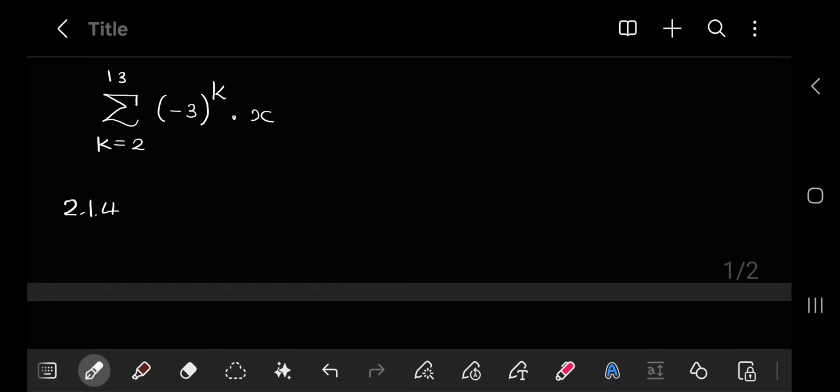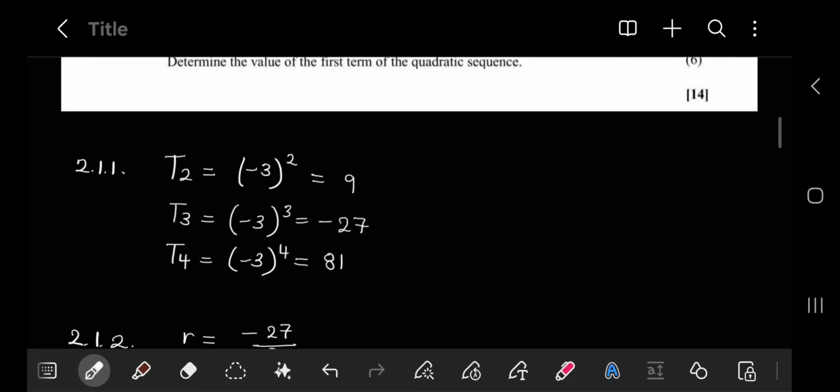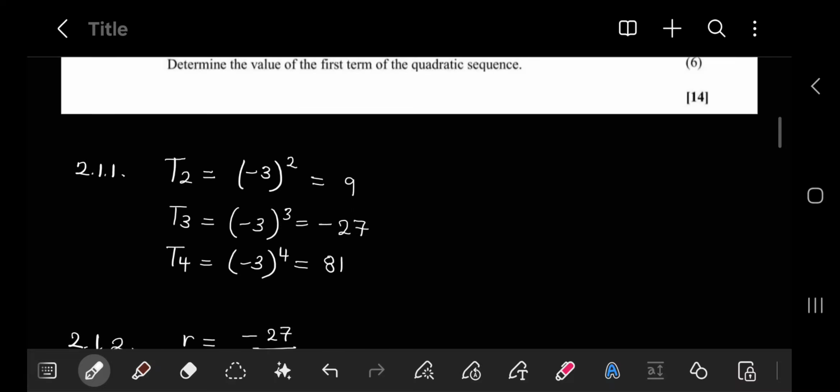Now, you guys remember that when it comes to working with these sigma notation questions, there are specific steps that we use. And generally our steps are, we're going to calculate the first three terms from the starting term. So our starting term is 2, so we would get term 2, term 3, and term 4. However, remember that we have already calculated those terms in 2.1.1.